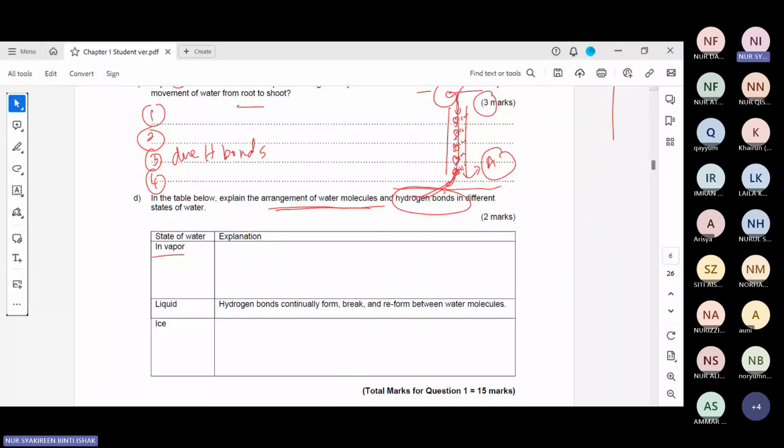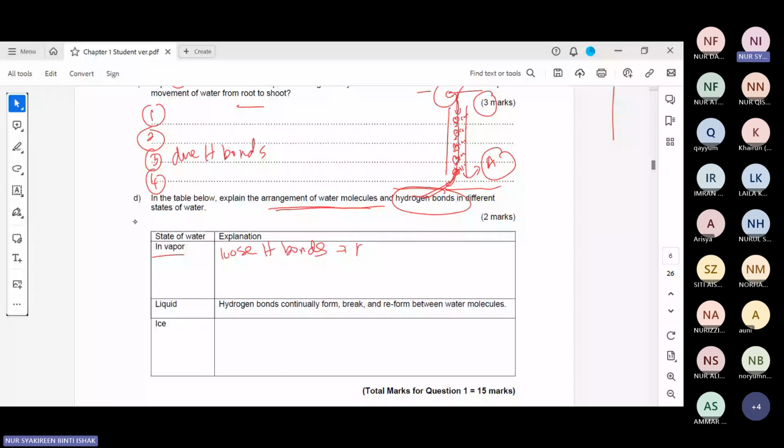They have loose hydrogen bonds that break easily between water molecules. Water molecules are more free, they freely move further apart from each other.